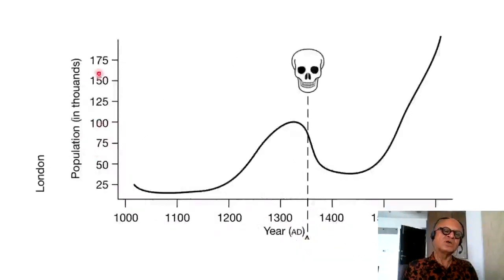So just to conclude, look at the population in thousands before, so start at 1000 AD, Anno Domini, or you can call it Common Era, and then there is a population boom before the pandemic, the Black Death, second of them. The first one doesn't show up here.